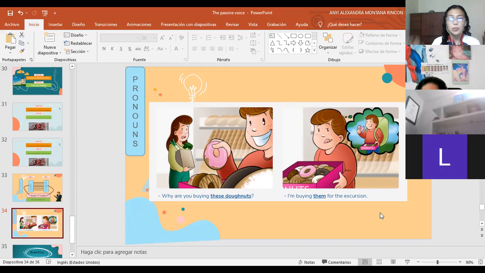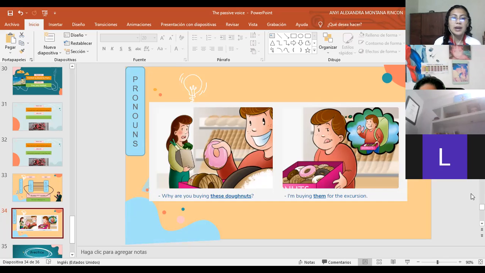Voy a reemplazarlo por them. ¿Por qué? These donuts se refiere al sujeto they, ¿cierto? Ellas. Muy bien, entonces aquí vamos a utilizar them. Para eso utilizamos nuestros pronombres objeto, para reemplazar y no volver a repetir lo mismo.